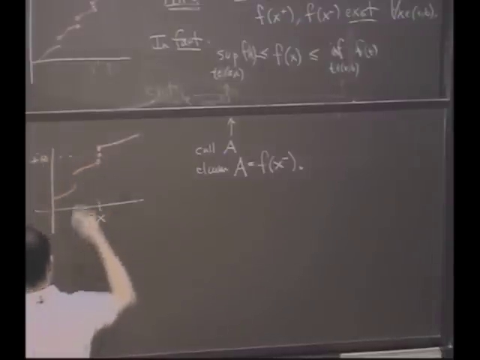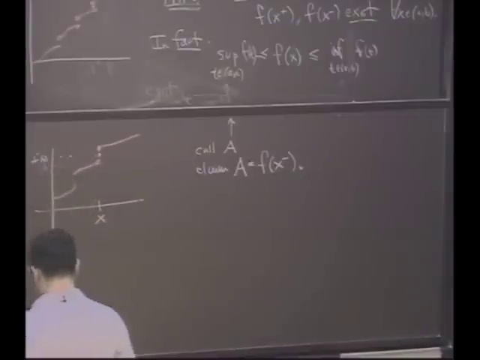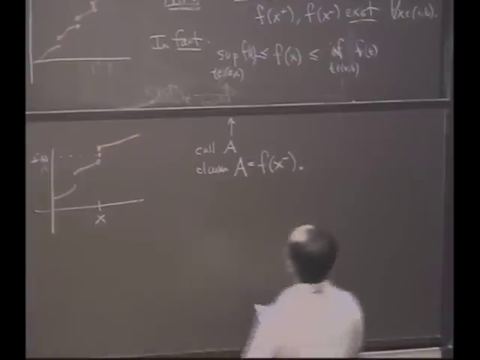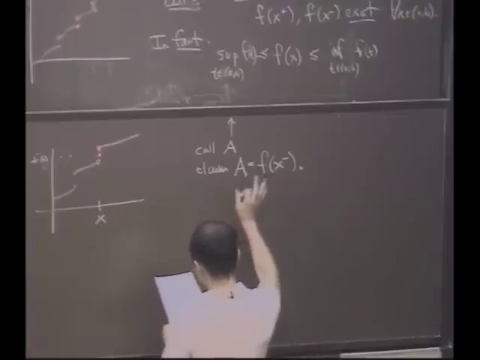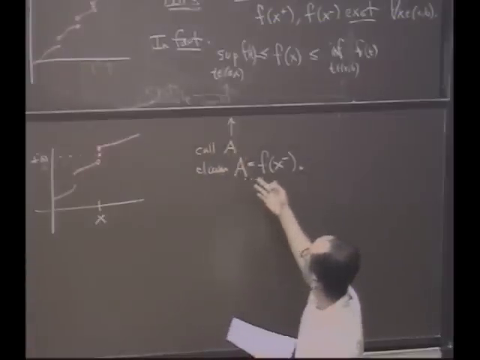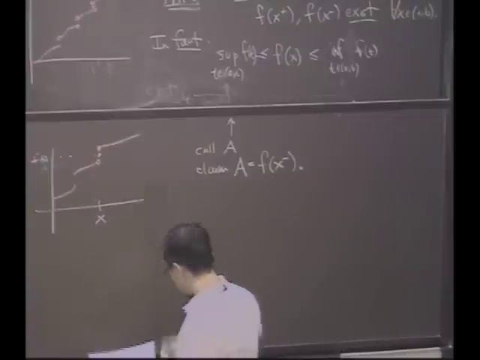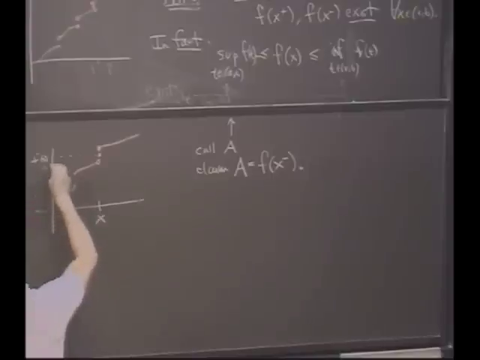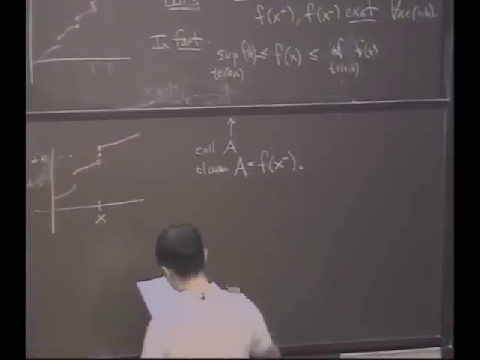But the supremum of all the values on the left is going to be this number A. And so all I have to do to verify that it's in fact f of x minus is to show you that the limit of all the values coming from the left is in fact this number A. Well, let's take an epsilon ball around A. You give me an epsilon ball around A. Doesn't matter whether it contains the other side or not, but if I look at A minus epsilon, well, then we'll just make an argument there.